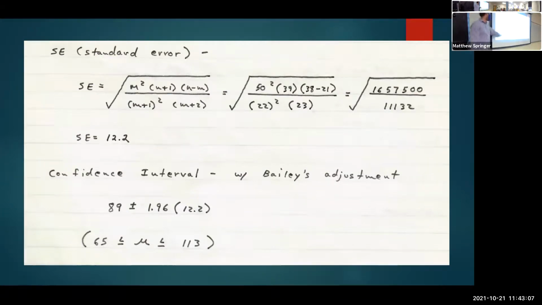So you take your number, you multiply that by your standard error, and it gives you your confidence interval. So there's a 95% chance, statistically, based on the data we have, that our population falls between 65 and 113 individuals.